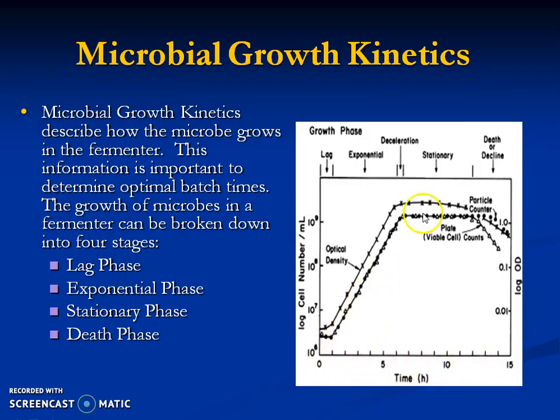The variation of this particular parameter with time has been represented over here, and this curve is called a growth kinetic curve. There are 4 distinct stages which have been identified and studied in depth. These include the lag phase, the exponential phase, the stationary phase, and finally the death phase.